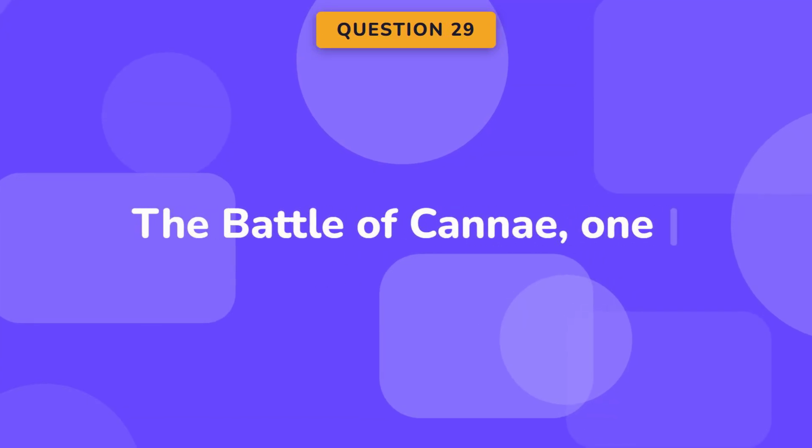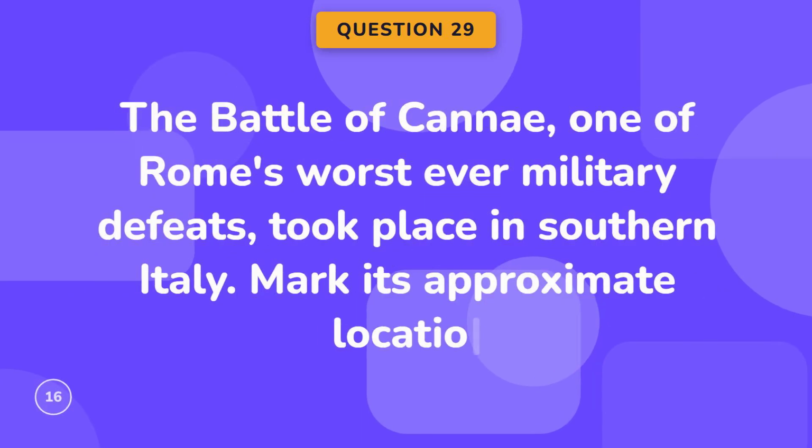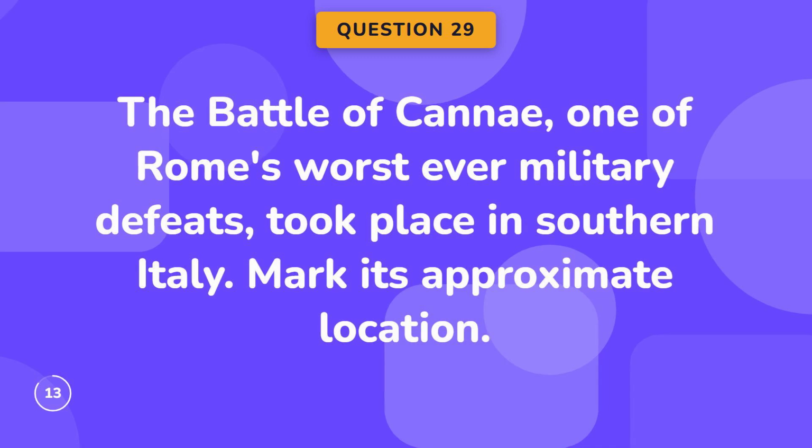The Battle of Cannae, one of Rome's worst ever military defeats, took place in southern Italy. Mark its approximate location.